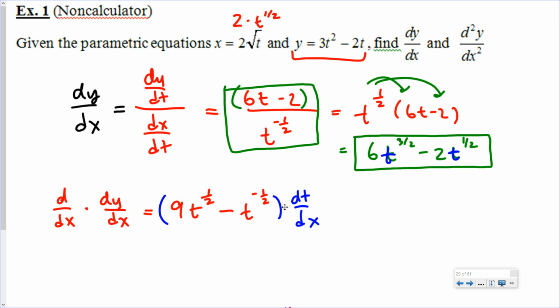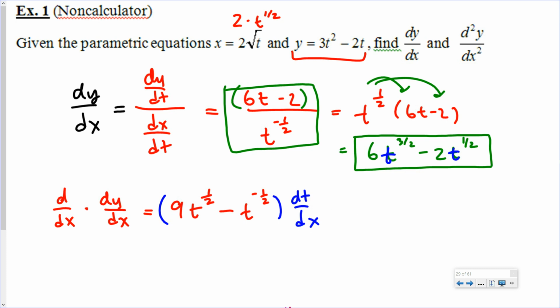Everybody good with that? Okay. And this is kind of interesting, because do I know what dt/dx is? Well, if I flipped it, would I know it? Do I know dx/dt? Well, isn't dt/dx equal to the reciprocal of dx/dt?